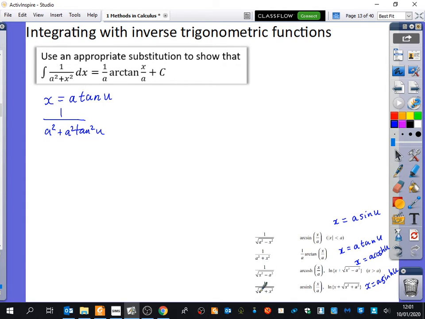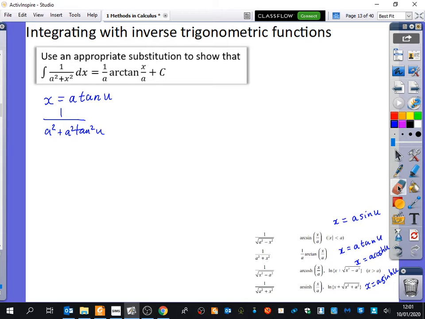And this one you've got 1 plus sinh squared, which we know is cosh squared. So you pick the correct trig substitution that will give you a nice identity. Cosh squared minus sinh squared is 1. So you get the nice identities all happening here.